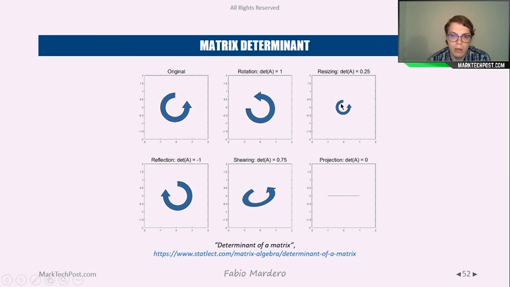Here we scale, okay, but that's the interesting part, the reflection. Determinant is equal to -1, and now the arrow moves clockwise. So we can say that a mirror is a linear mapping with determinant -1.